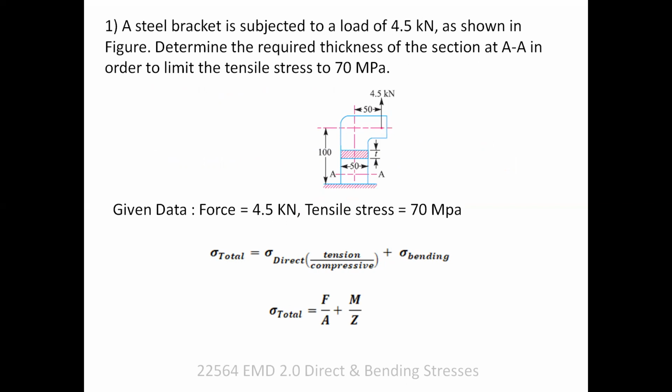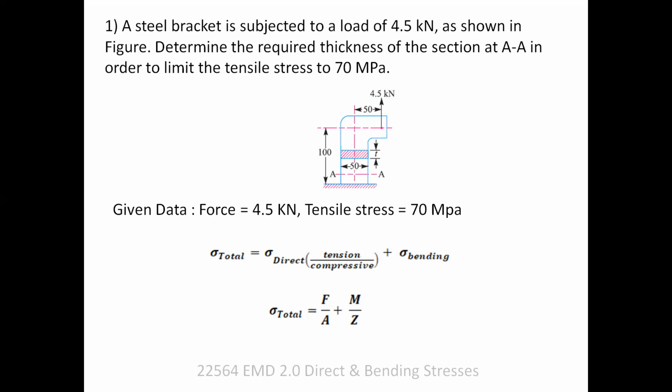Here, if you just see, there is a steel bracket with a 4.5 kilonewton force, and that force is at a distance of 50 from the section AA. The steel bracket has 50 as the height or depth and T as the thickness. You can see there 50 by T is the cross section given.